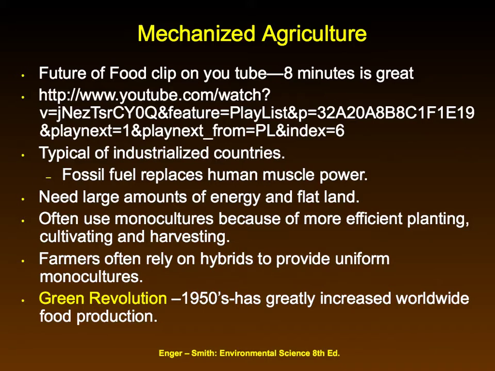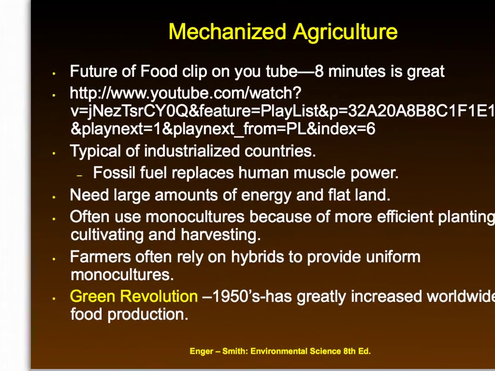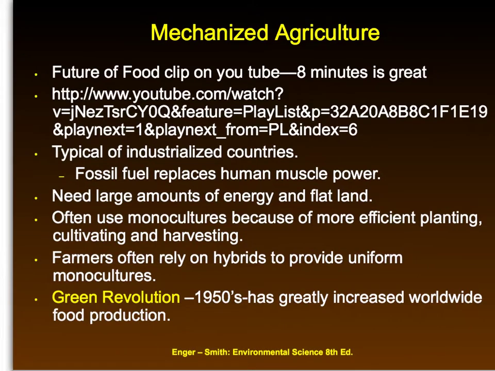It often results in monoculture, which literally means a single plant. This is because it results in effective planting, cultivating, and harvesting, and farmers rely on hybrids to provide a more uniform monoculture.